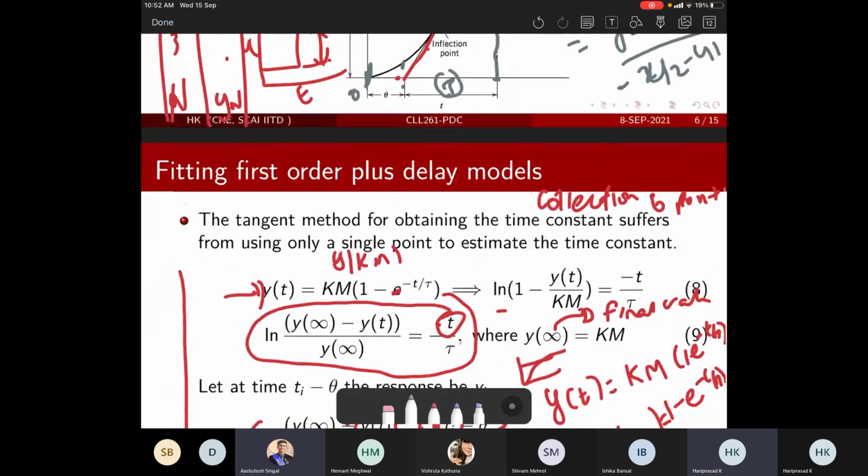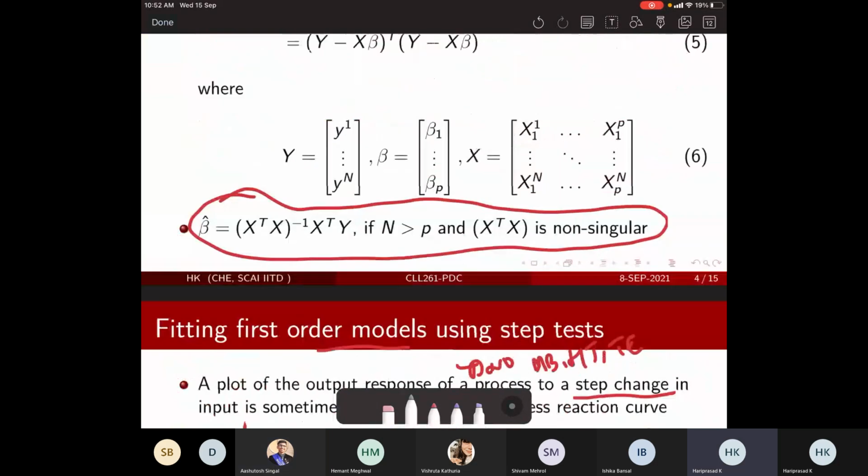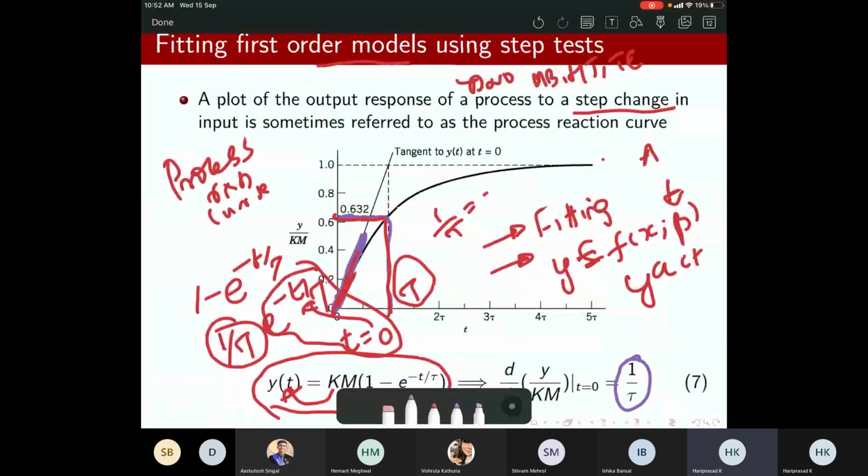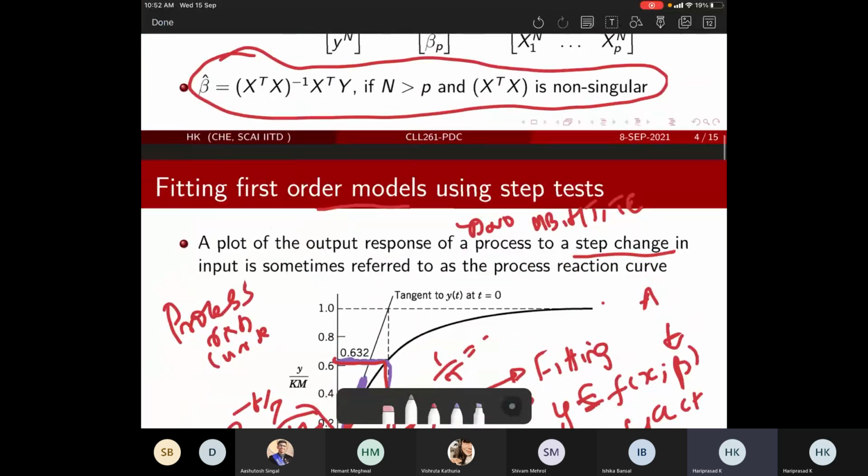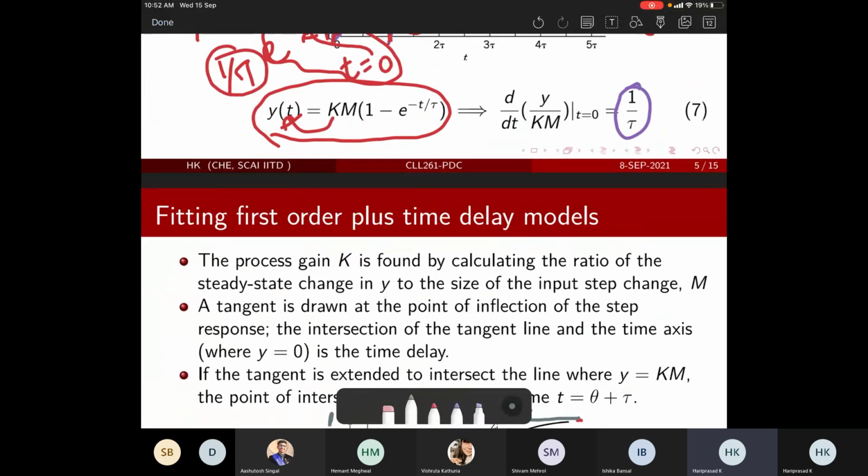So the last question in the tute was related to fitting first order models and fitting first order plus time delay models. So this has already been covered in the tute slightly early, by explaining this.